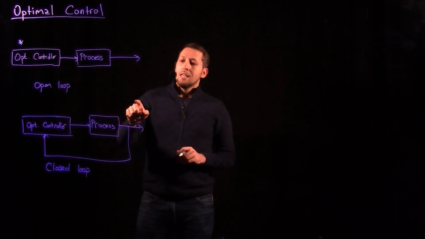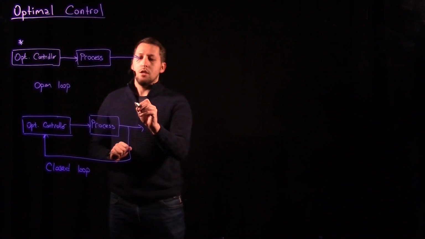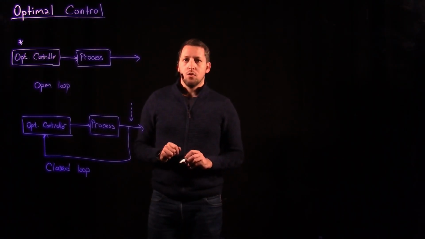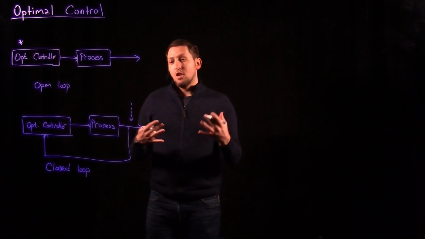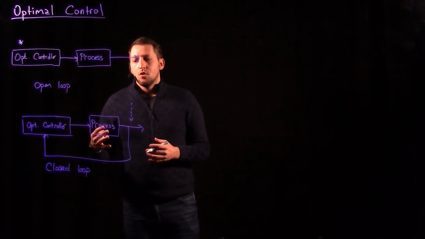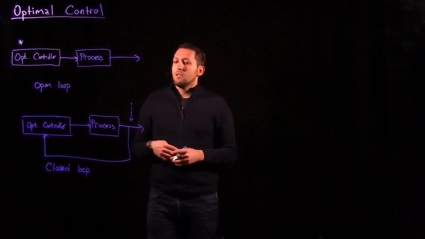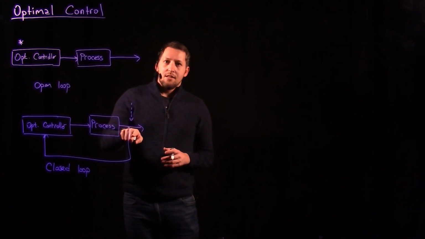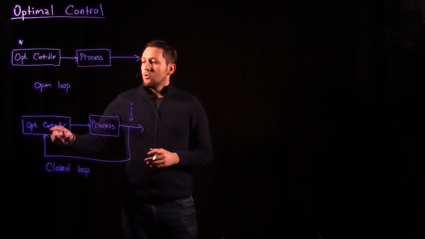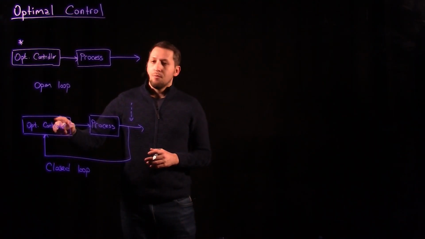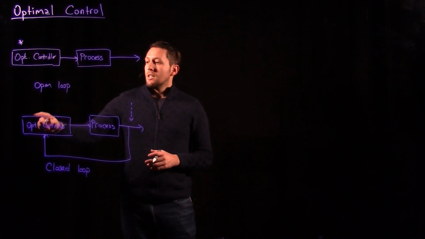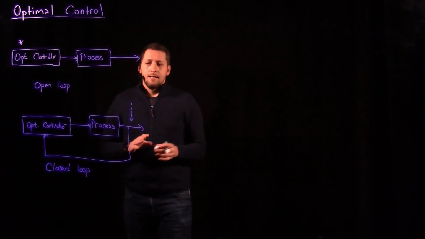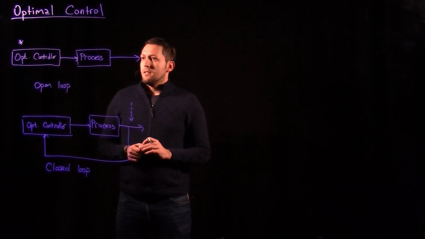This means that if we have a disturbance that somehow affects our output, or if the actual plant changes, not the model itself, this shows itself in the output, and we are able to track this information and, if possible, adjust our optimal controller again. So this is a very significant difference.